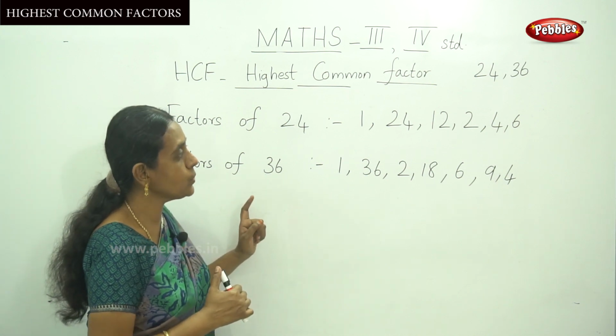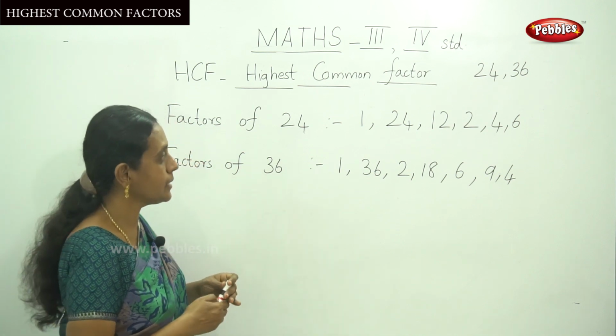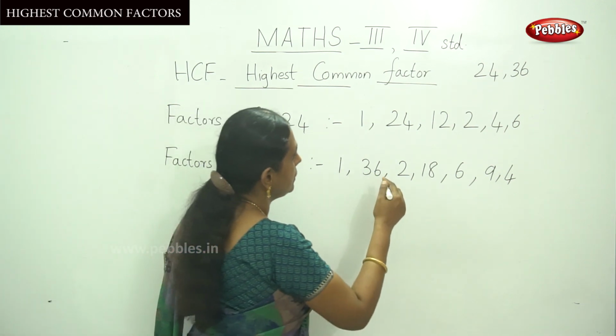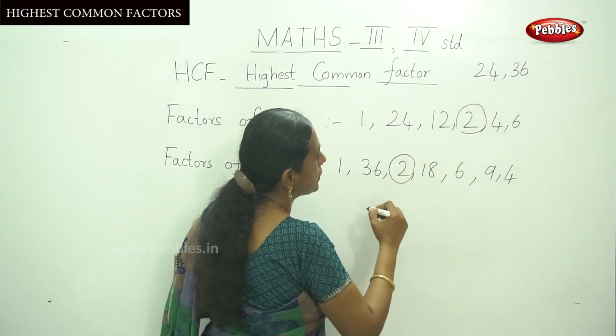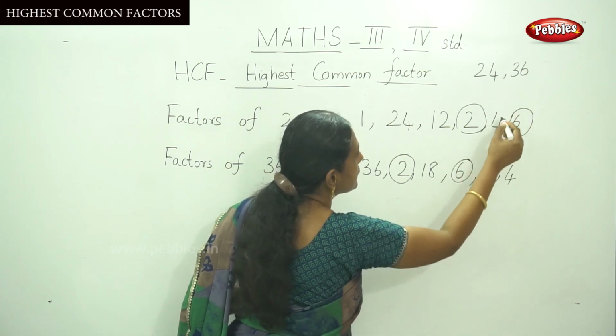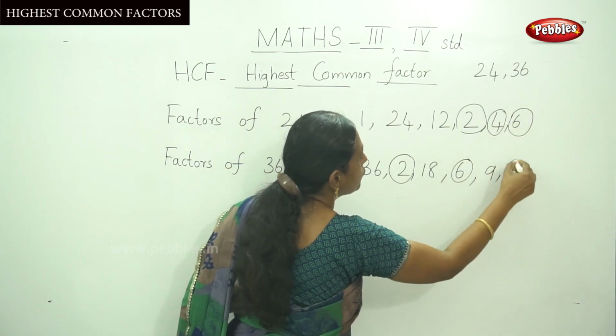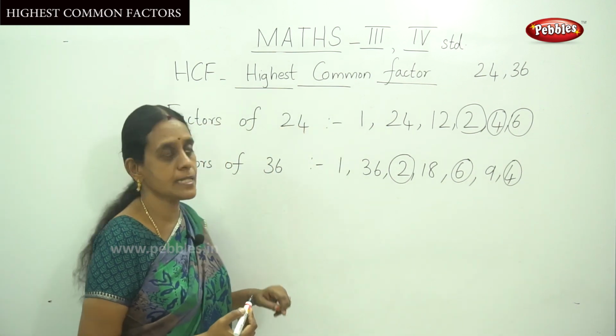Now you have to take out the common factors. Here 2, here also 2. And 6 and 6, and 4 and 4. So 2, 4, 6.